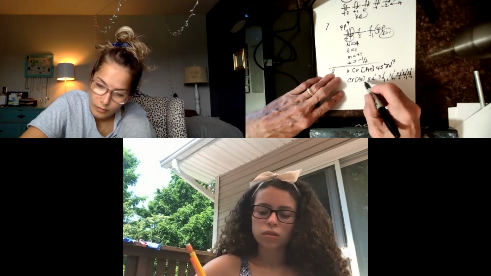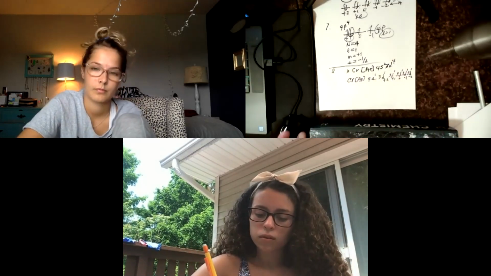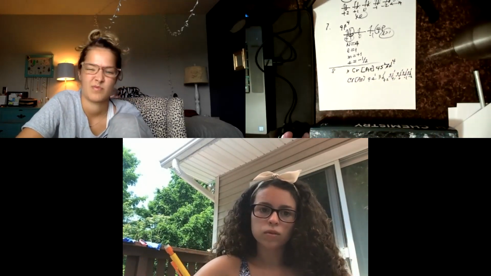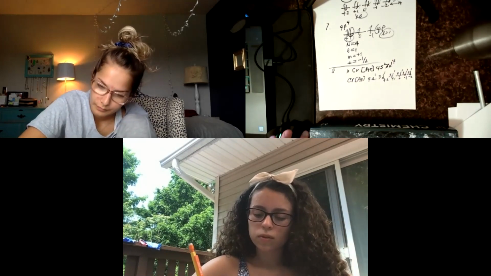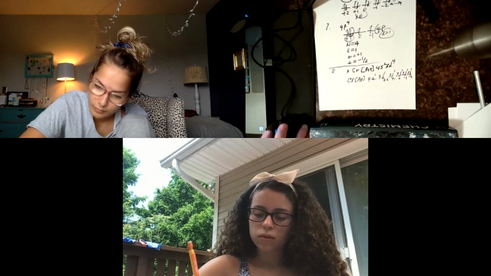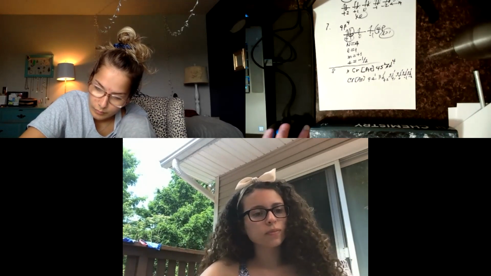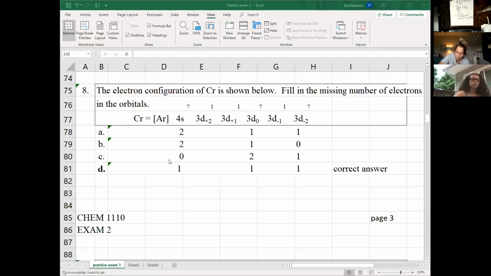Okay, so it's going to have a total of 6 unpaired electrons. So if I go back to screen share to pick our answer, here we are. The s orbital has 1 electron in it. The 3d0 has 1 electron in it. And the 3d minus 2 has 1 electron in it. So the correct answer for this one is D.